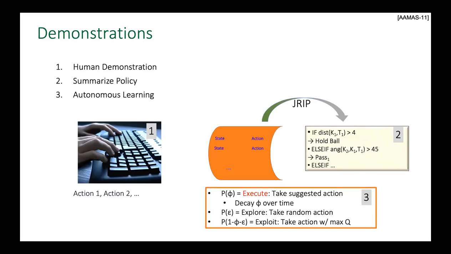Normally in reinforcement learning, you trade off exploration and exploitation. So exploring, trying to find something better, exploiting, do what you think is best. Now, in addition to exploring and exploiting, we could also execute the human's policy, or rather, execute what we think the human's policy would be. So initially, the agent's going to try to follow the human's policy a lot, and then with some probability it can explore, and with some probability it can exploit.